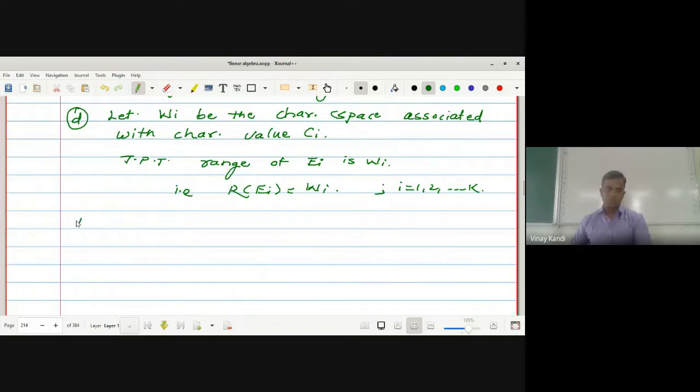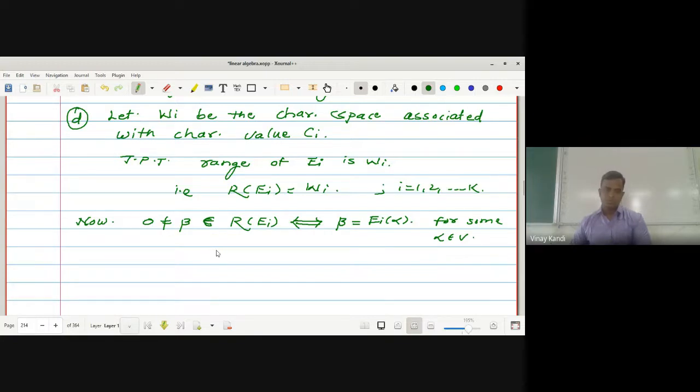Okay. Now take any non-zero vector beta belonging to range of Ei. So this implies beta is equal to Ei of alpha for some alpha belonging to V. Is it correct?